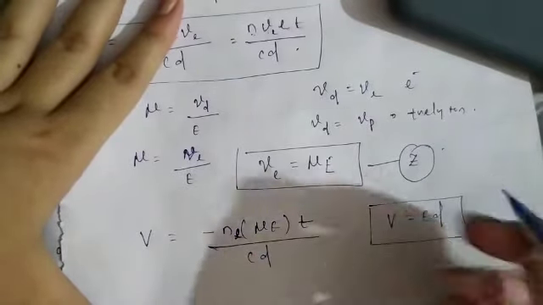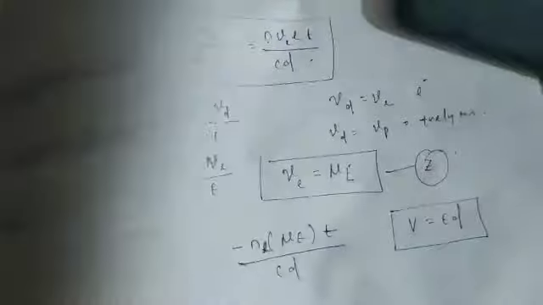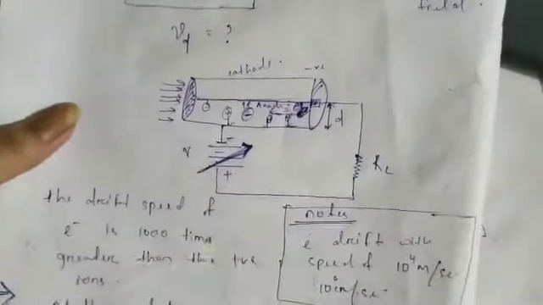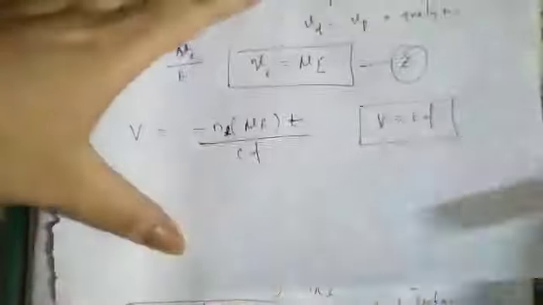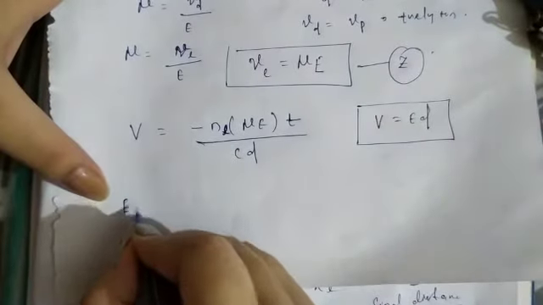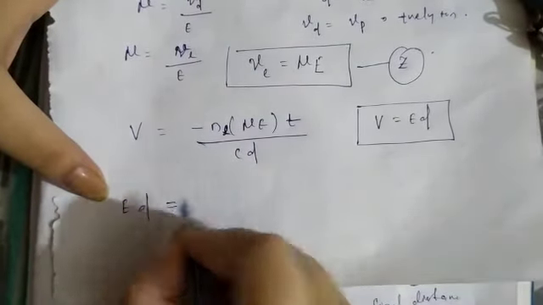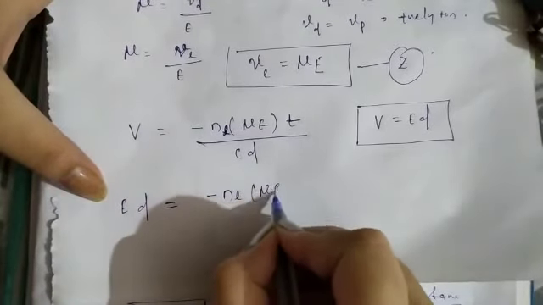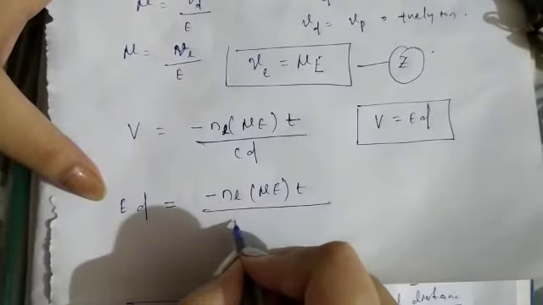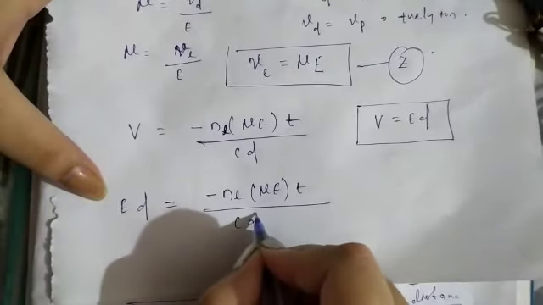So using this value, Ed is equal to minus n e mu E t divided by CD.